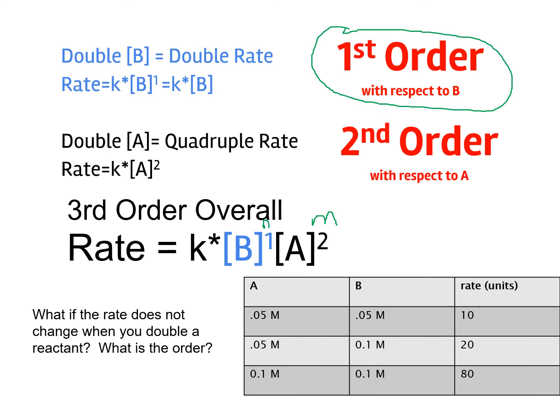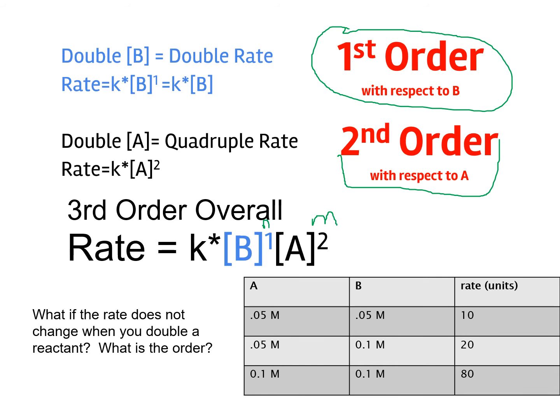And when it comes to A, we said when we double the concentration of A, the reaction quadruples. So that scenario is termed second order, and it would be second order with respect to the species in which we are varying the concentration, in this case A. And so we have our M is 2.